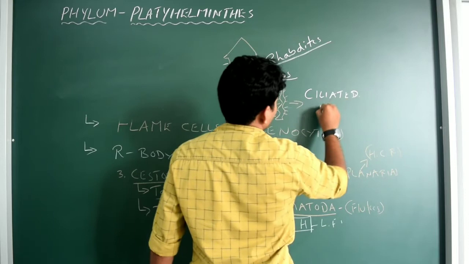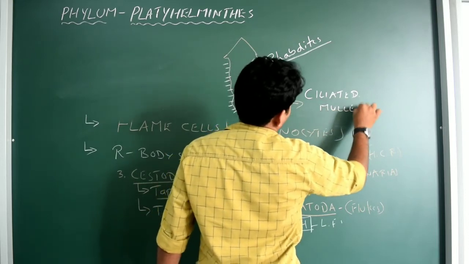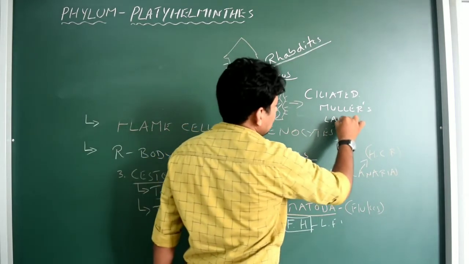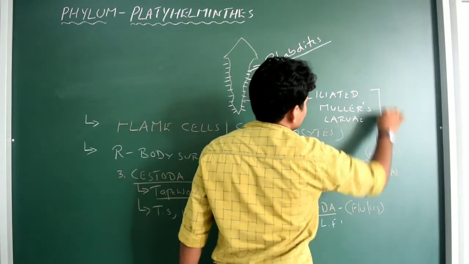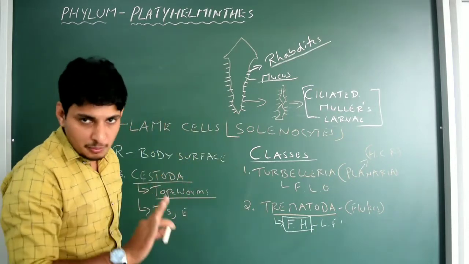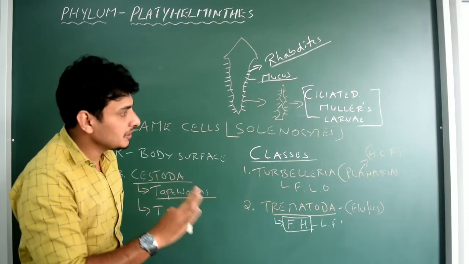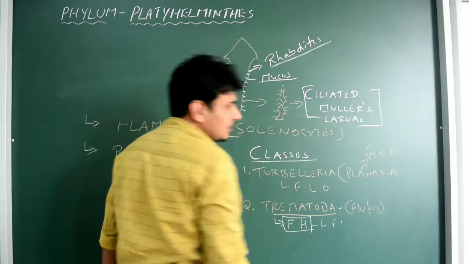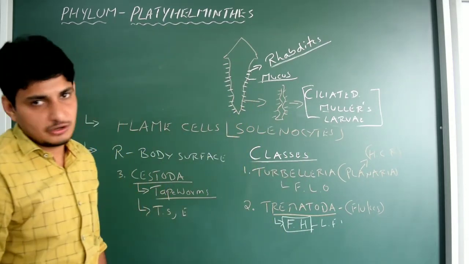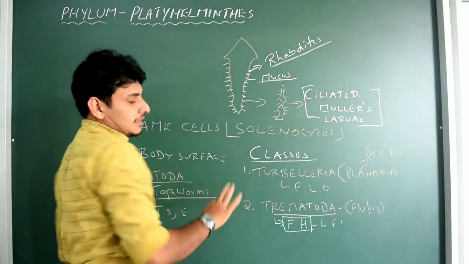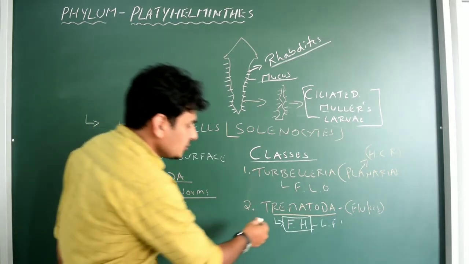Ciliated Muller's larva is the larva of Turbellaria. Easy? Hope you can remember this. Very important because they have cilia. Muller is nothing but the scientist who discovered this. Got it? Okay. So this is the adult organism of the Turbellaria. Done. Okay. Next we go to the Trematoda.